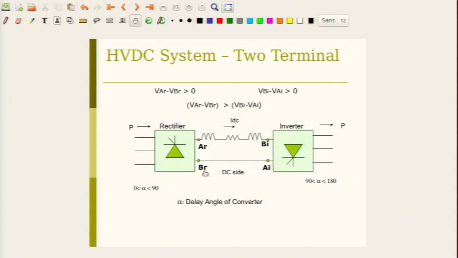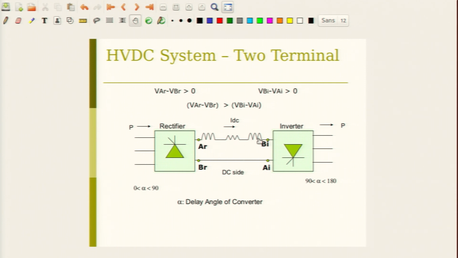Now, if you look at how an HVDC link operates, one of the applications of Thyristor-based AC to DC converters is having a DC link or a DC transmission. So, you have AC, you rectify it, convert it to DC using a Thyristor bridge, and then you have a transmission line which is actually a DC transmission line.